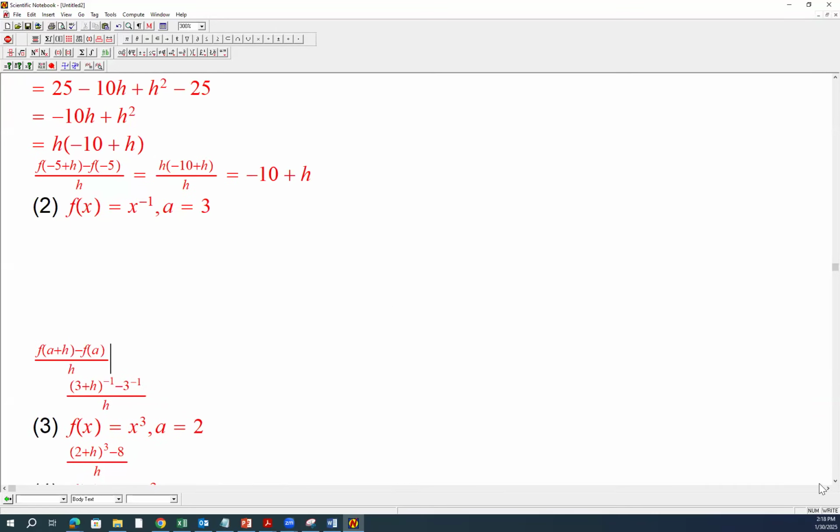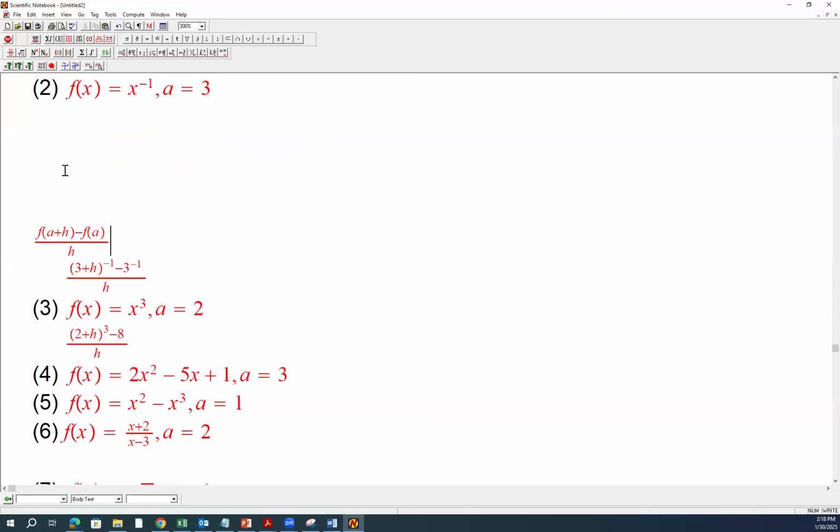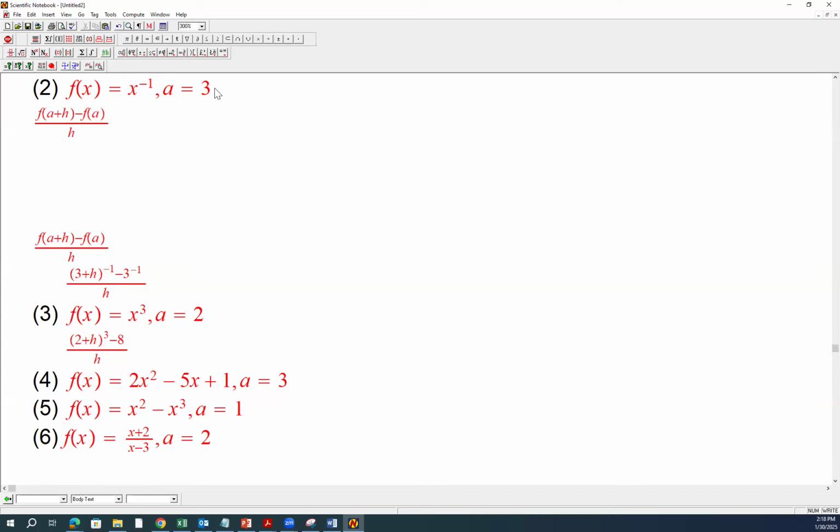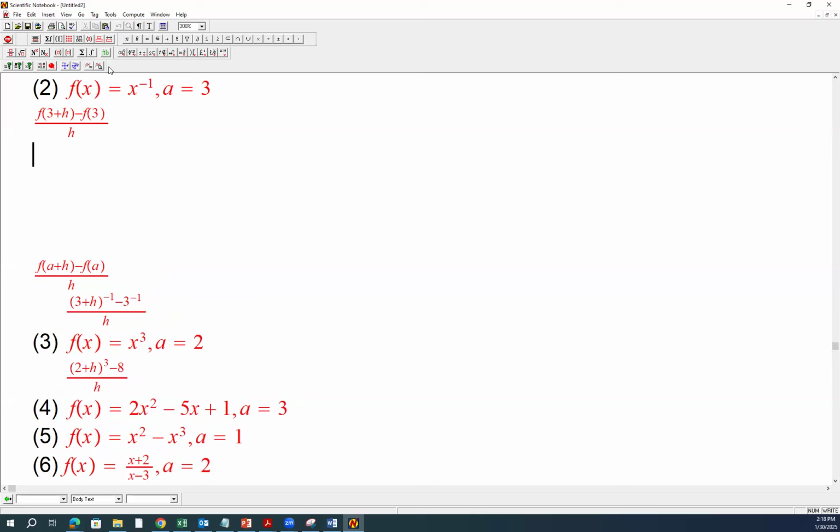In this case, we're going to do the same thing, but this time a is 3. So this is going to be 3 plus h, f of 3. And the function is f of x equals x raised to the power negative 1.